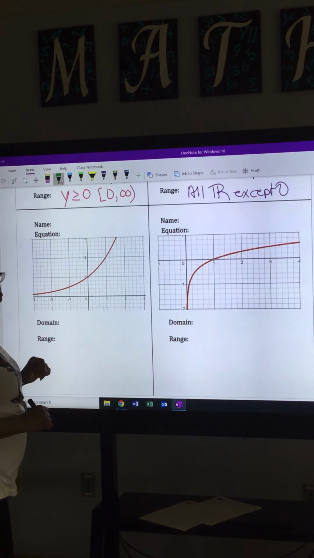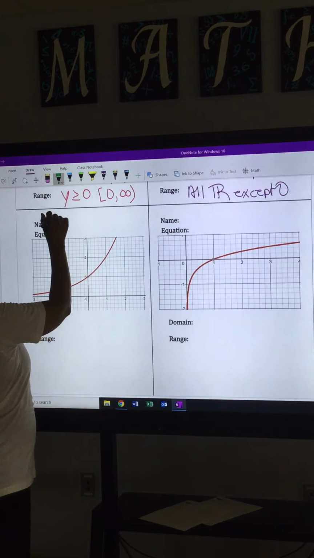Okay, so this is an exponential function. Now, this is one you looked at in Algebra 1. So this is exponential.